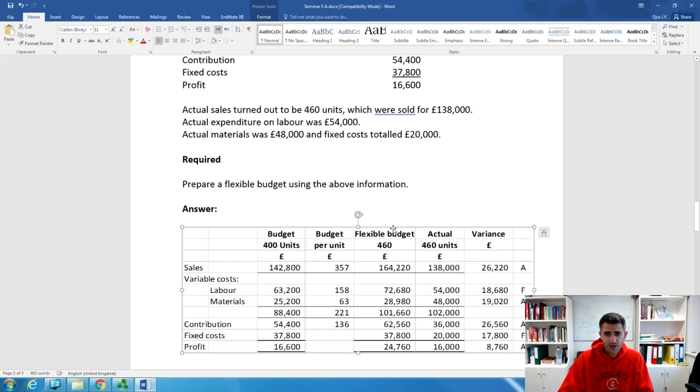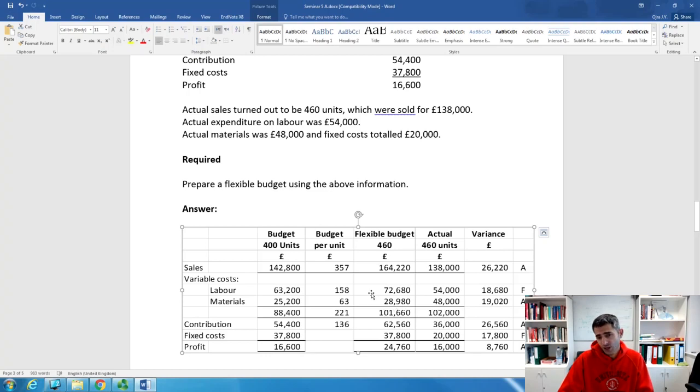So now we agree that the flexible budget is 460 units, and this 460 units you need to multiply by the variable cost per unit, including the labor. If you multiply by labor, 460 times 158 equals this, 460 times 63 equals this, 28,980.